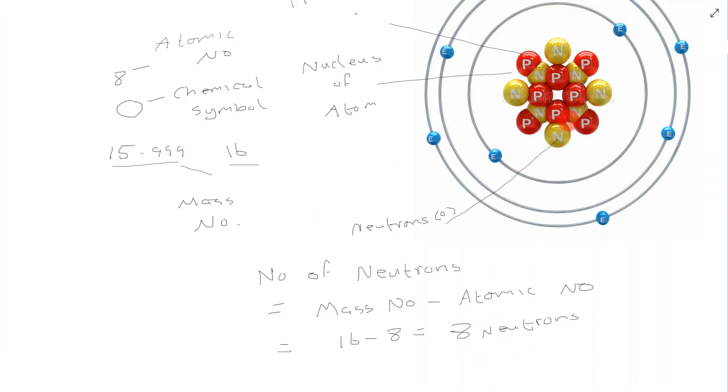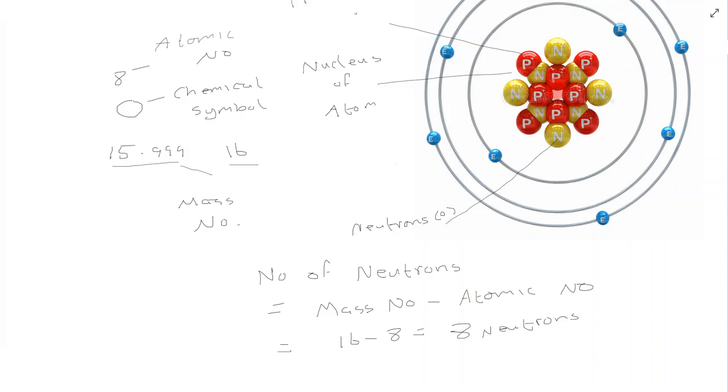and they will have slightly different masses as well. Now, the reason why the mass number in the periodic table is not a whole number is that if you take a sample of oxygen in nature and look at all the individual atoms that make it up, they will have different numbers of neutrons in their nuclei. These are known as isotopes.